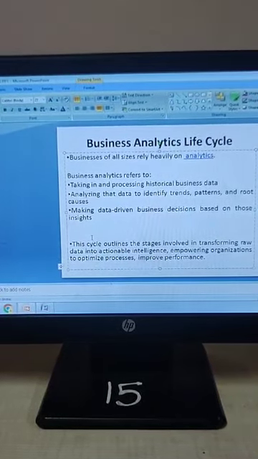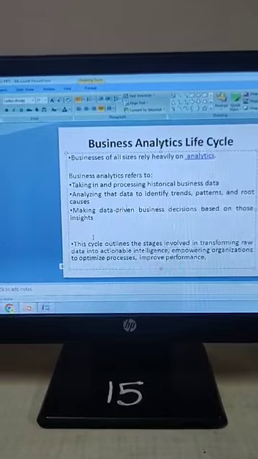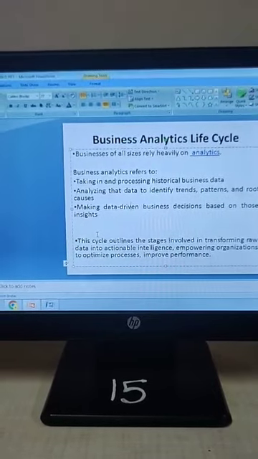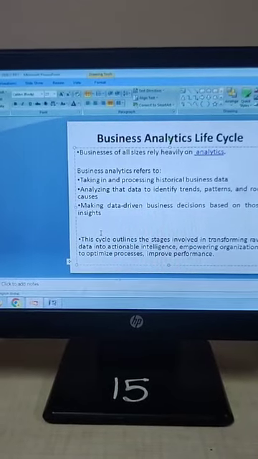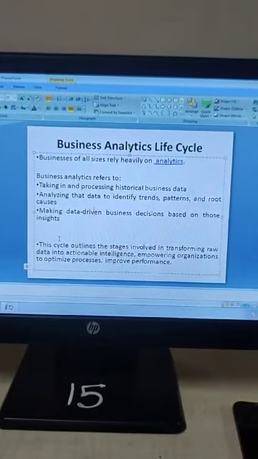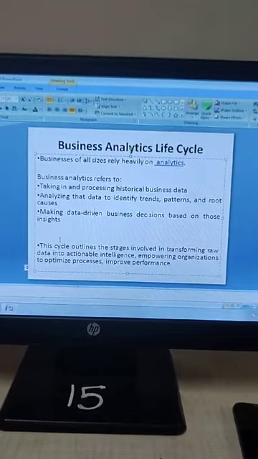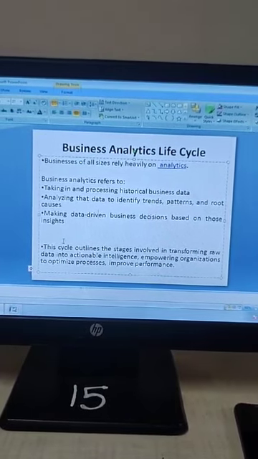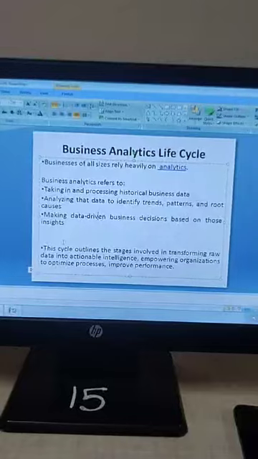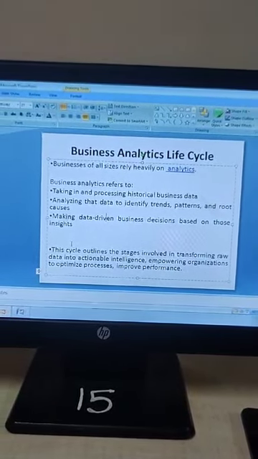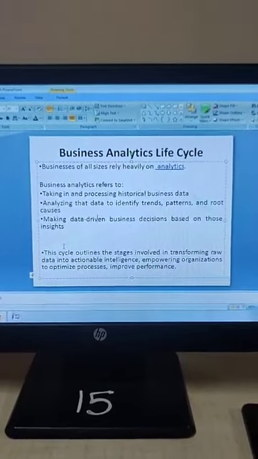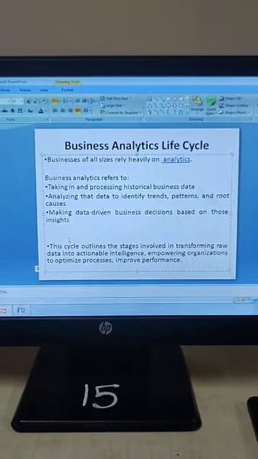An example of software used for business analytics is Microsoft Excel, whereas in business intelligence we use tools like Power BI, Power Business Intelligence.